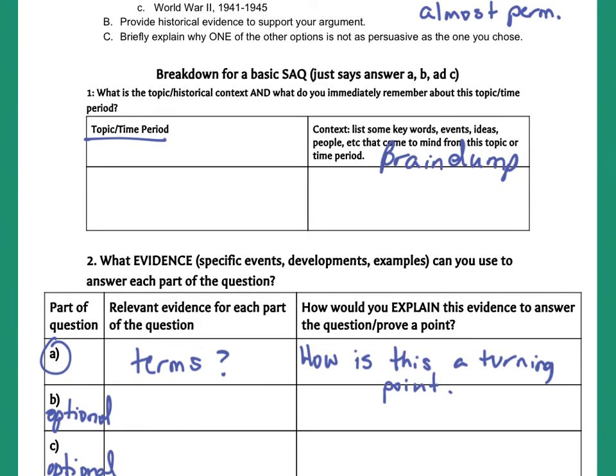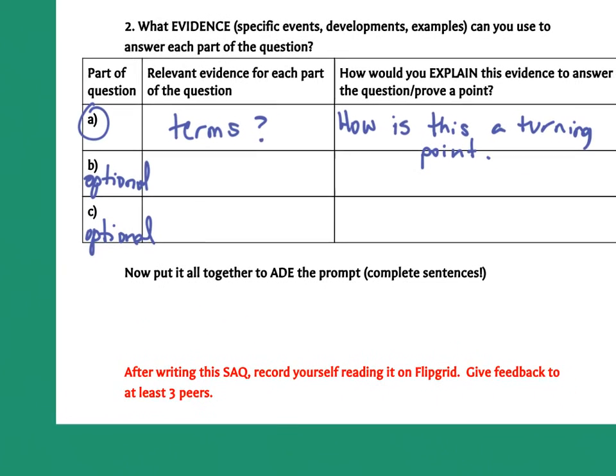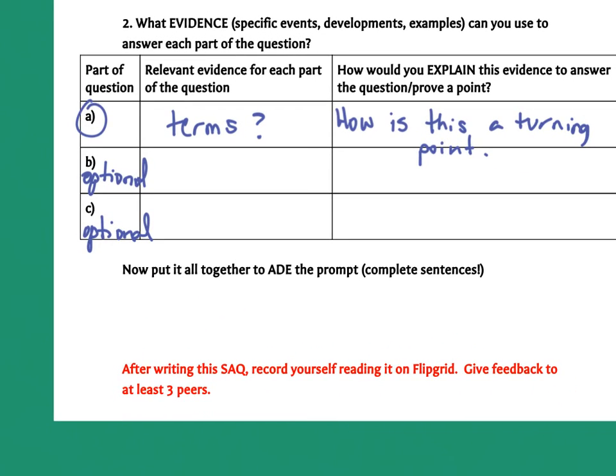All right, so to submit this SAQ, you're going to go to Flipgrid. And I've linked the Flipgrid on the assignment document, or if you can't find it, just shoot me or remind text and I'll send you the link.